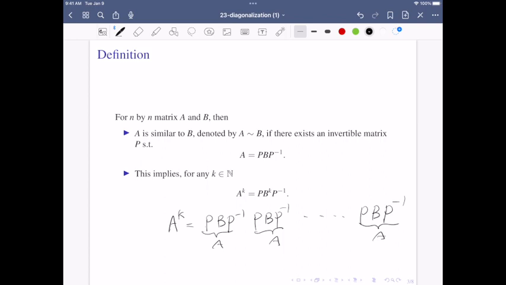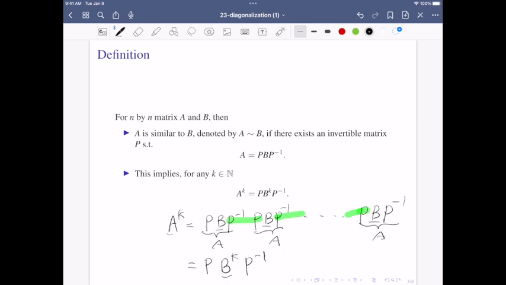This is a huge computation if k is big, but we can see that P inverse and P cancel each other, and so on, so at the end we have P, B to the kth power, and the last one is P inverse. In other words, A to the kth power is also similar to B to the kth power.